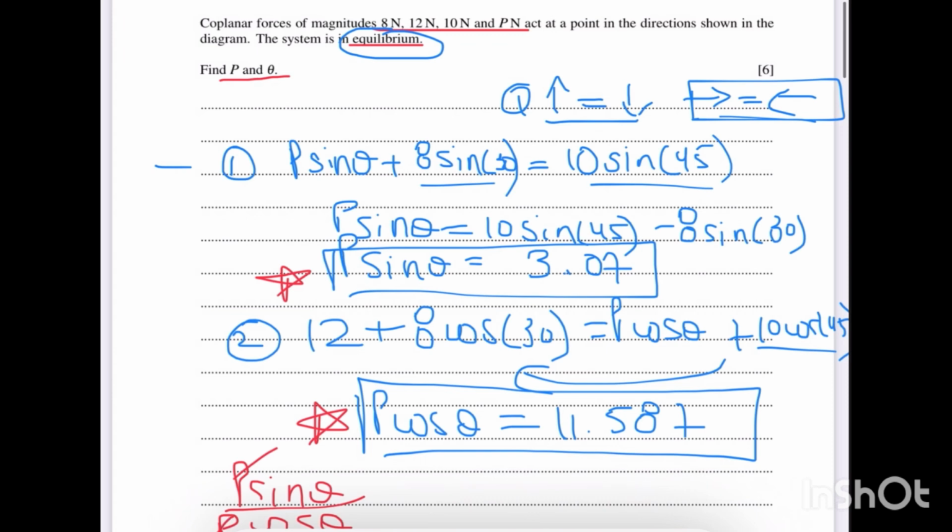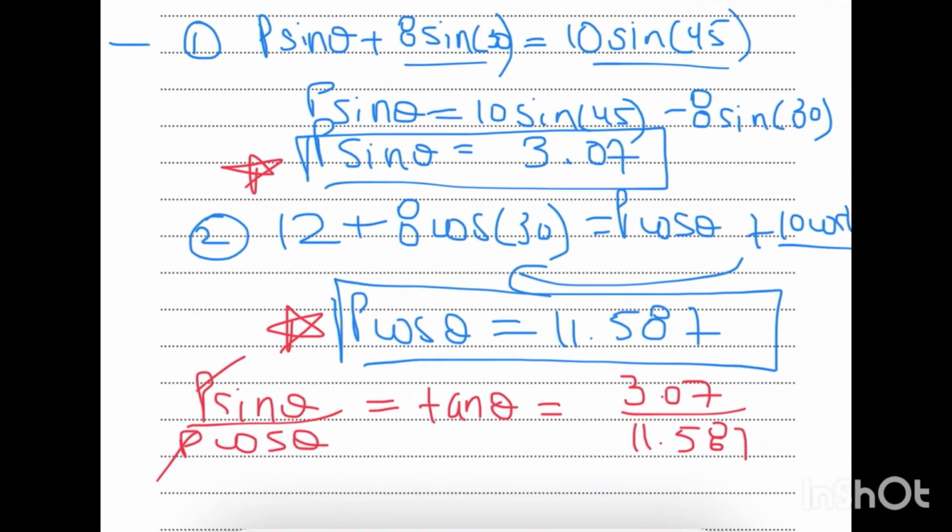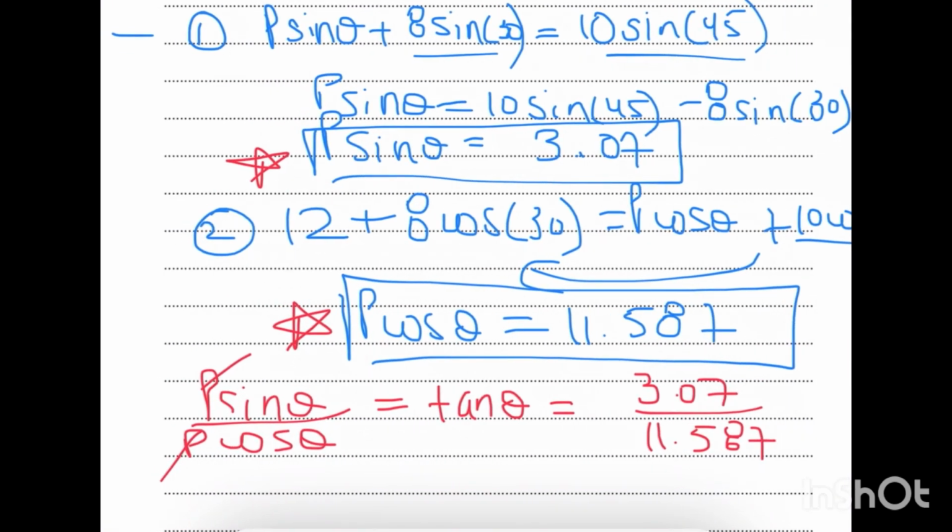These two p cancel out, and that leaves tan theta, which is equal to 3.07 divided by 11.587. When we take the tan inverse of this fraction, we find that theta is equal to 14.5 degrees.